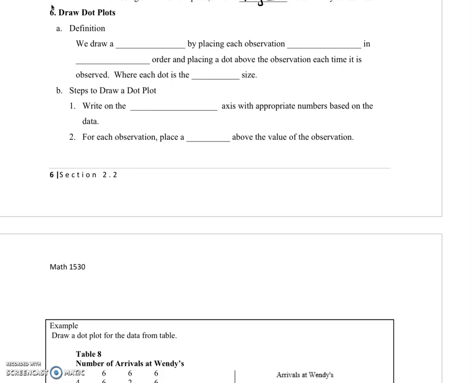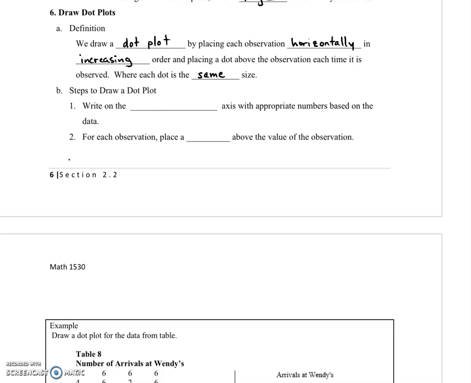So we draw a dot plot by placing each observation horizontally in increasing order and placing a dot above the observation each time it's observed, where each dot is the same size.